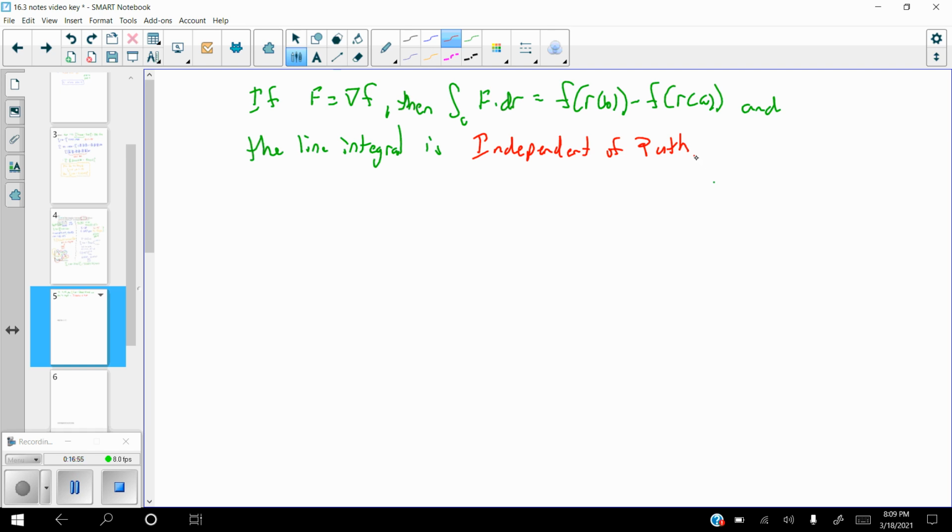Meaning it does not make any difference which way we went. Or all that matters about C are the endpoints.